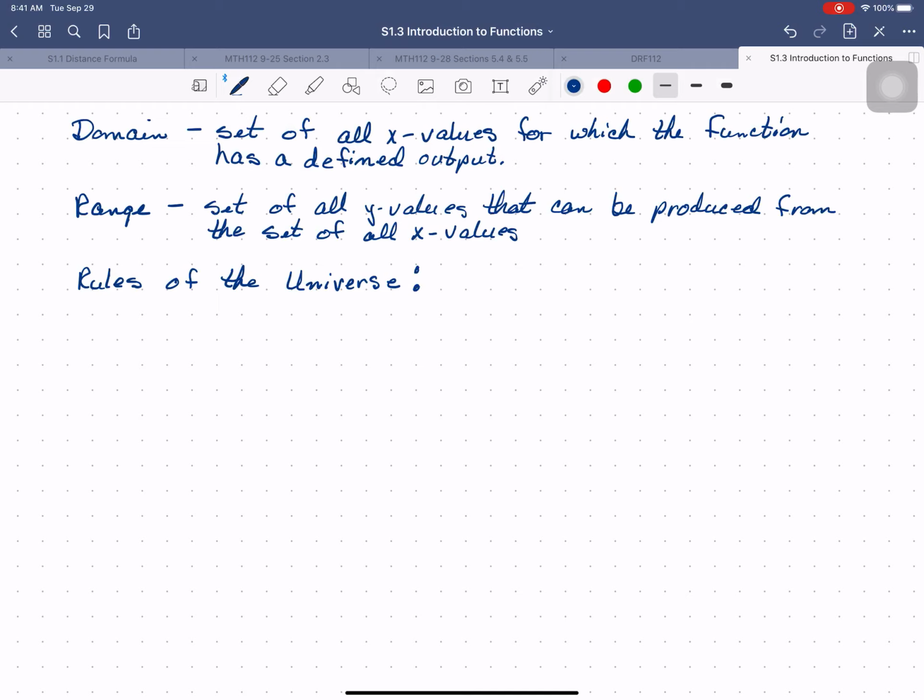So, first of all, we cannot divide by 0. So any x value that would make us divide by 0 when a function is trying to do its work has to be excluded from the domain of that function.